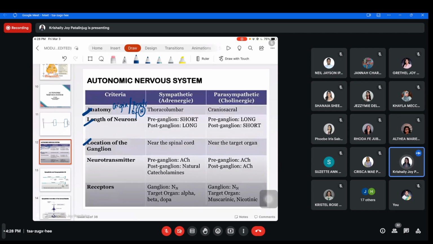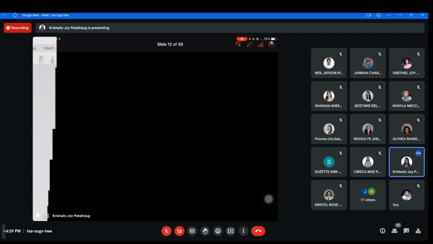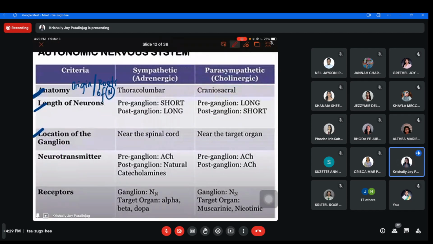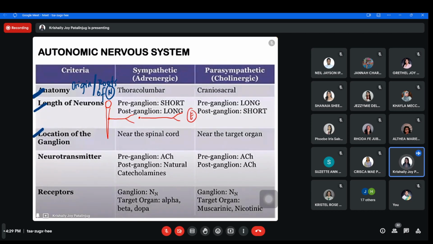For the length of neuron, it is easy to remember based on the length difference of the preganglion and then the postganglion. Okay, for sympathetic, short, long, and then for parasympathetic, long and then short.